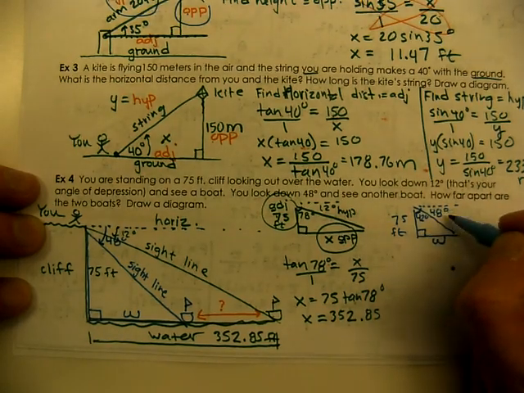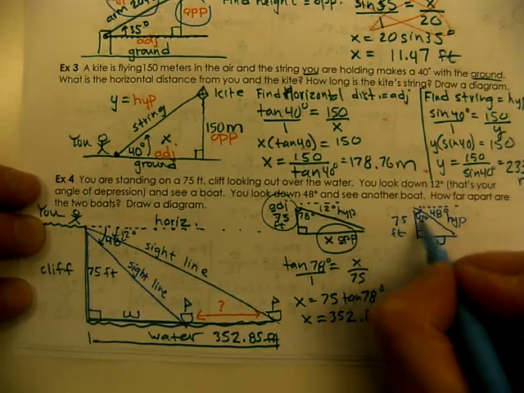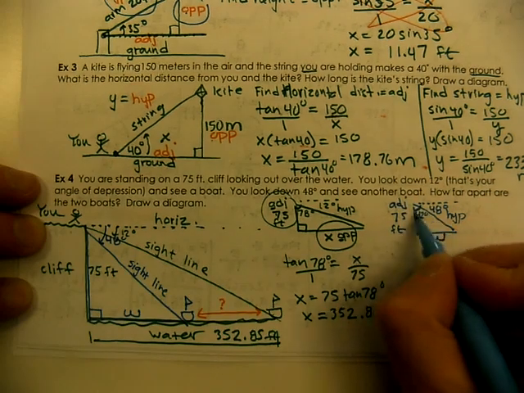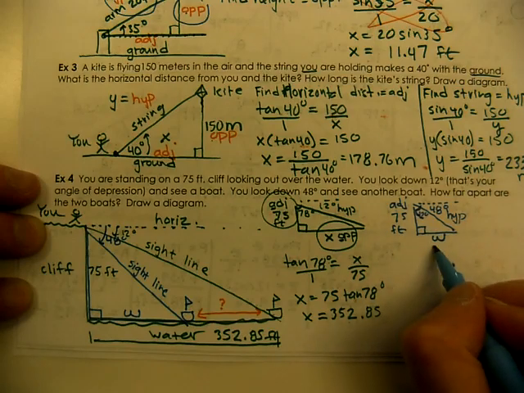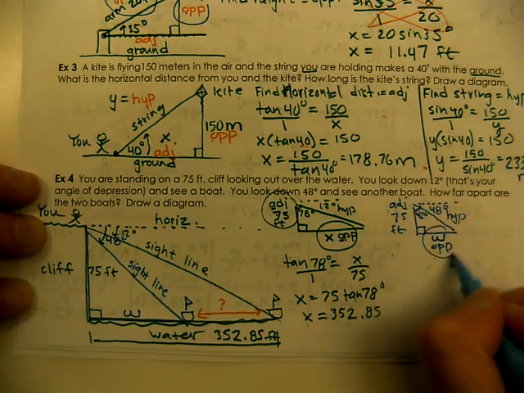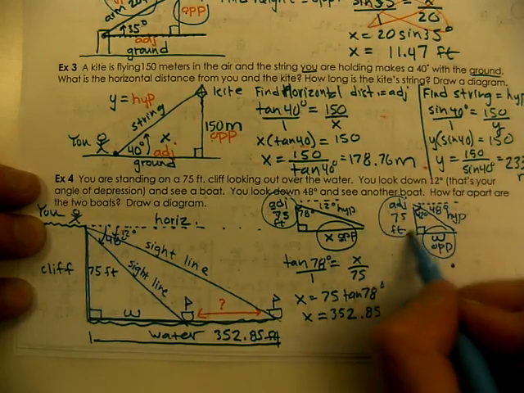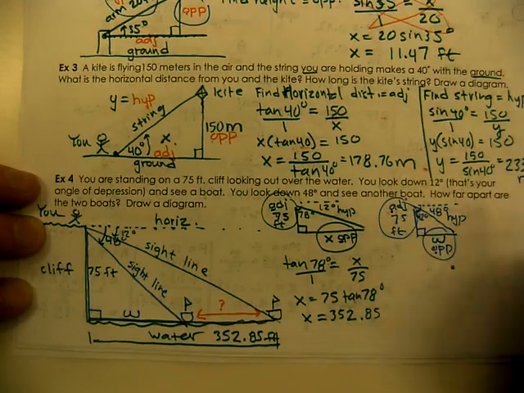Let's label all the sides. Opposite the right angle is the hypotenuse. Again, we don't want that side. Here is your adjacent side: the 75 feet is next to your reference angle of 42 degrees. That's your adjacent leg. And then the base of the triangle, the w that we're trying to find, is on the opposite side. So again, we're trying to find the opposite leg, and we have the 75 feet to work with. It's the same ratio of opposite and adjacent.